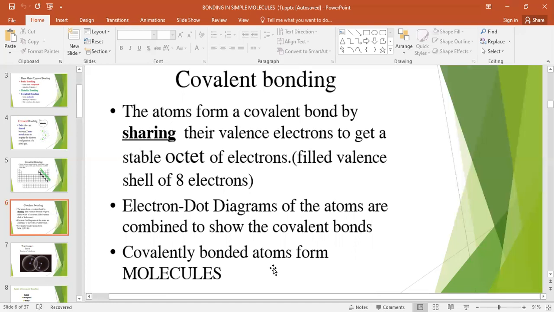We can differentiate that these electrons come from the second atom and these electrons come from the first atom. It is only to differentiate between two atoms. That's why we represent electrons by dots and by crosses. Not necessary, you can put a cross here and a dot here.